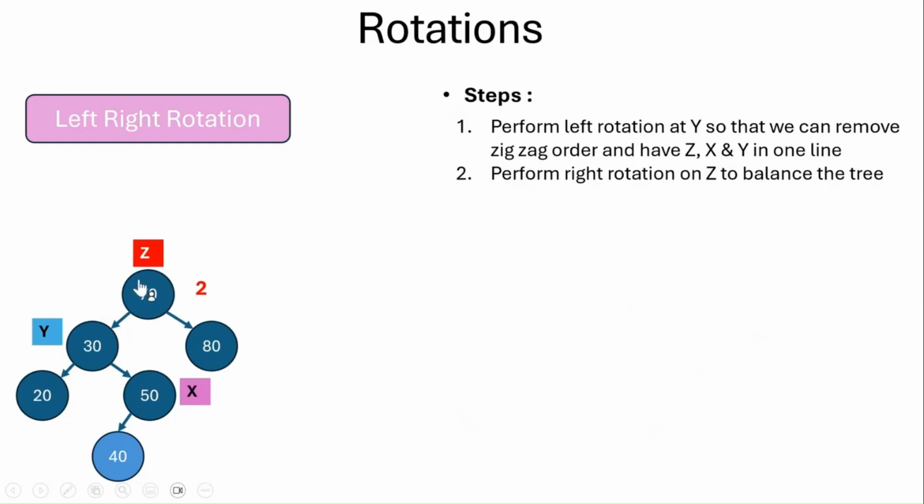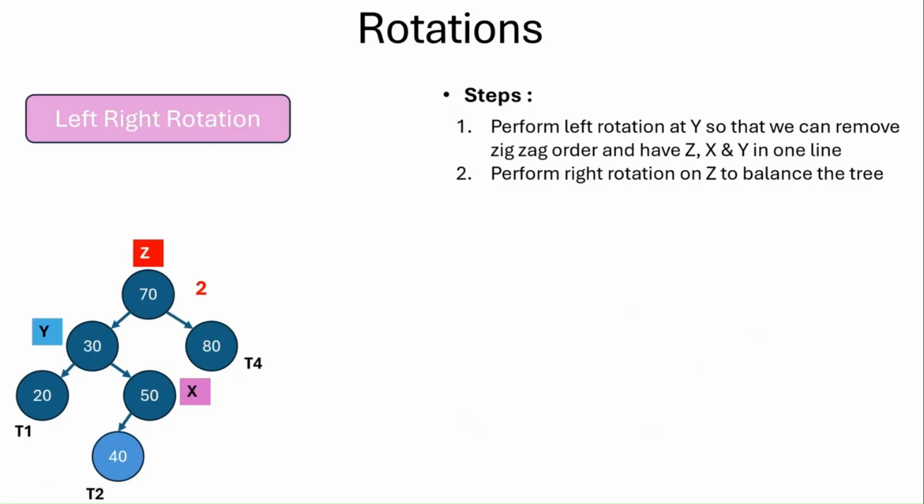Y is the child of Z, the left child, because the whole tree became unbalanced because of the left subtree of Z. And X is basically, because the new node is added onto the right side of Y, the right child of Y. It can be either the new node inserted or the parent of the new node inserted. So we found our 3 nodes.